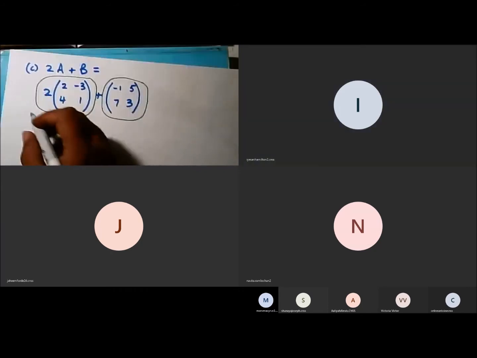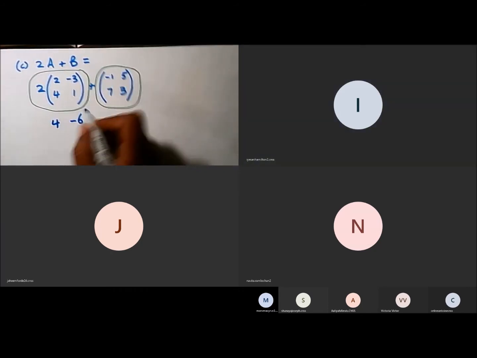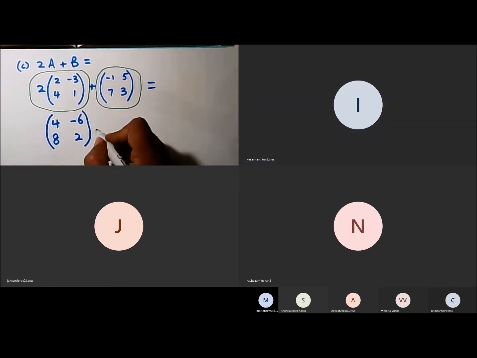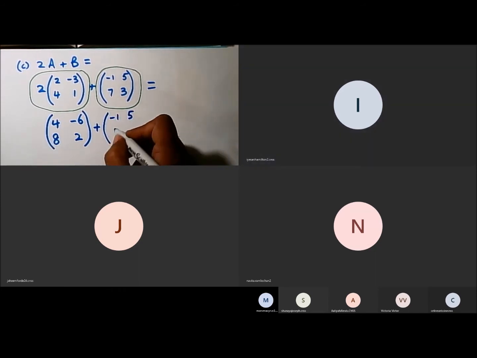Let's work out this part first. 2 times 2 is 4. 2 times minus 3 is minus 6. 2 times 4 is 8. 2 times 1 is 2. So we end up with that, and we bring down the other one. Minus 1, 5, 7, 3.